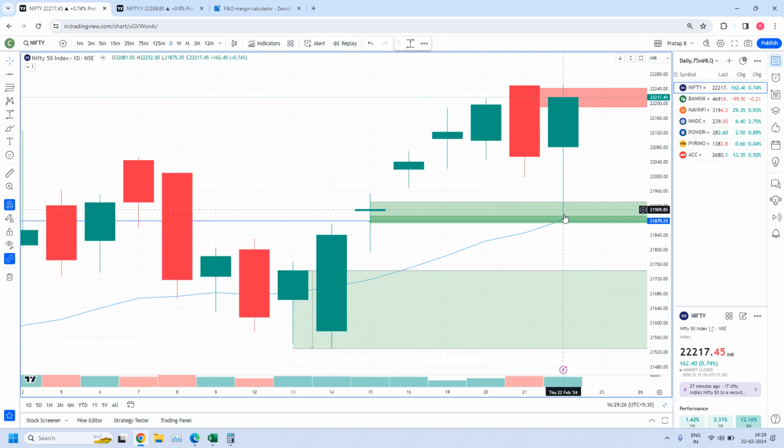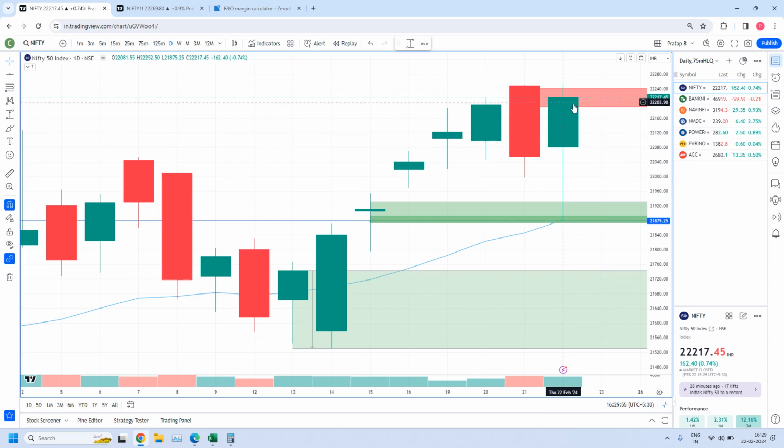Today prices entered into this area, and here we took a trade. After that, see how prices moved up. This is one advantage of EMA. But you have to take these kinds of trades only in a trending market, either an uptrend for long trades or a downtrend for short trades.